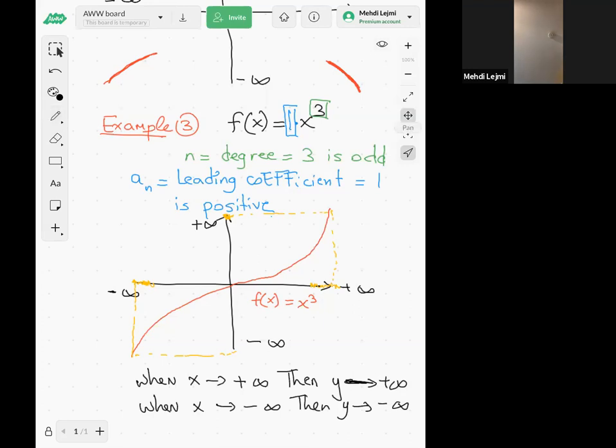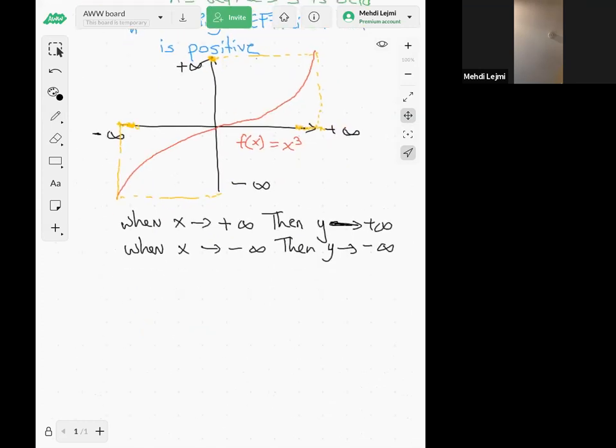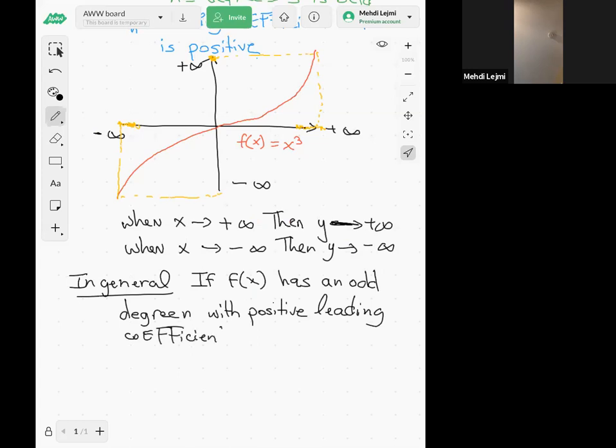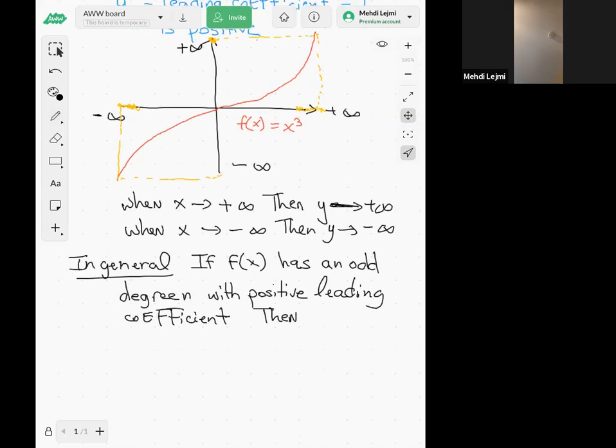So in general, if f of x has an odd degree with positive leading coefficient, then this is what the graph of f of x looks like at infinity.